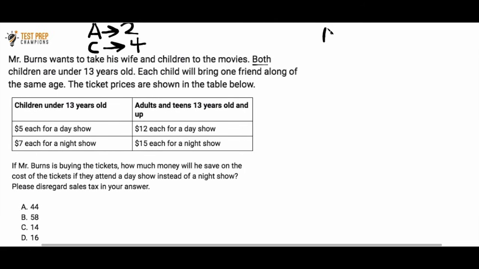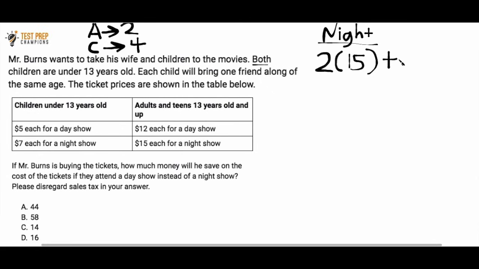All right, so let's start with night here. So to calculate the cost at night, we would have to say, well, there are 2 adults going, and at night, the cost for an adult is 15 bucks. So I would want to do 2 times 15. Now I'm going to add that to the cost of the children.